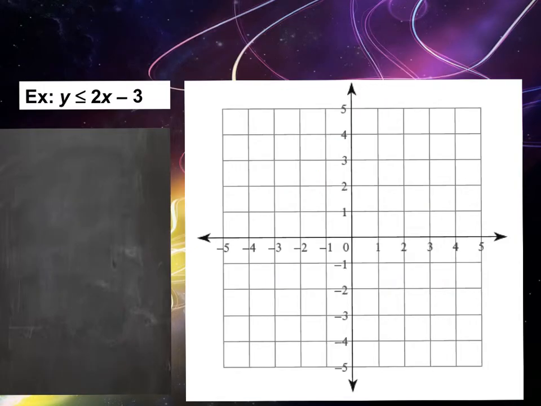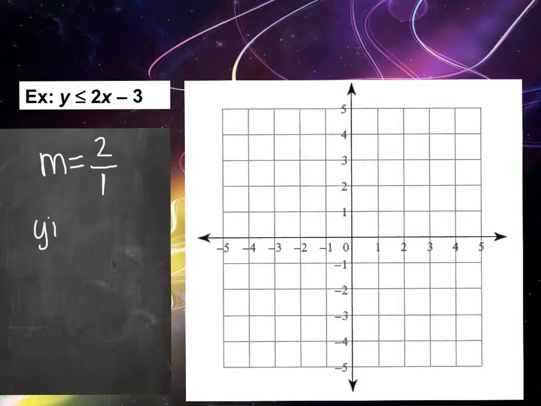Okay, here's our example 1. We have y less than or equal to 2x minus 3. I have a piece of chalkboard here to write down some important information. First, we need to know what our slope is. Our slope is always next to x, so it's going to be 2. And since we want to do rise over run, we need to make it into a fraction.